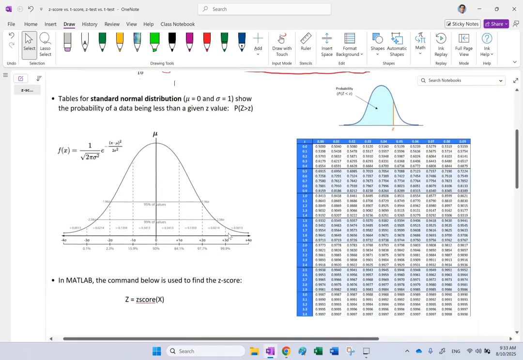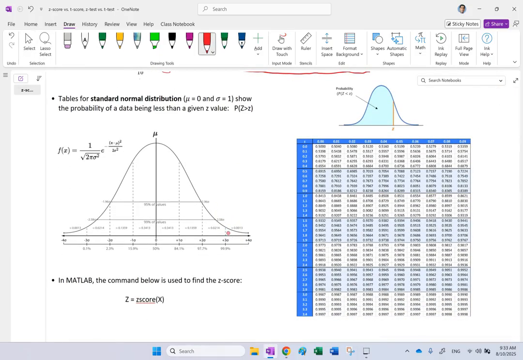So here we're going to look at a normal distribution. In a normal distribution where mu is 0 and sigma is 1, you can see that half of the data are on the left side of mu, and half of them are on the right side, because the normal distribution is perfectly symmetric.